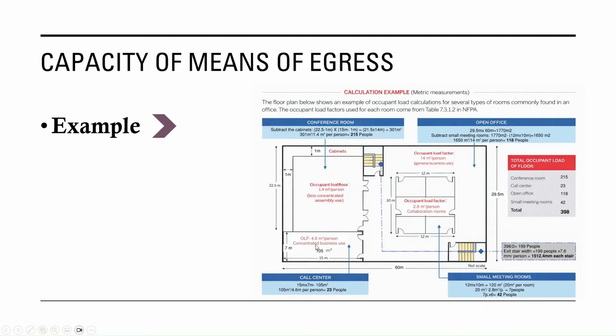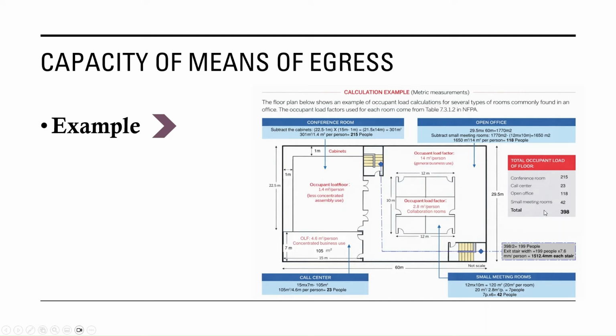The concentrated business use, which is the call center, is calculated based on 4.6 square meter per person. For the open office space, it should be 14 square meter per person. However, for the small meeting collaboration rooms, it is different because it will be 2.8 square meter per person.